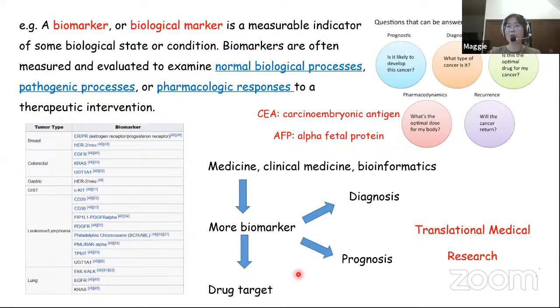This kind of biomarker study we can call translational medical research, because we find biomarkers in the patient, and then based on these biomarkers, we can benefit the treatment and the diagnosis of this disease. So this is one example of translational medical research.